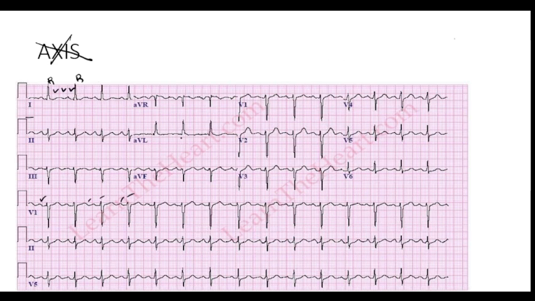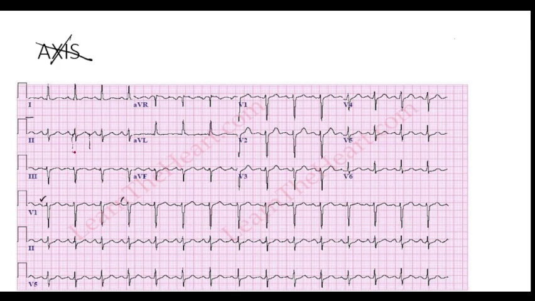Let's take our classical lead, that is lead 2. Let's say here is the Q wave, and let's take the end of T wave. This is the T wave, end of T wave is here. So this distance, can you see here?